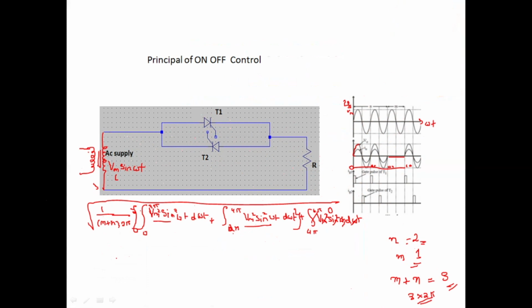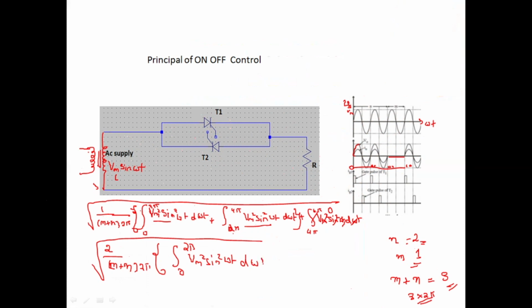So that's the reason I can rewrite it like this. I will show you why it is giving the same. So here it is 2, so actually 2 divided by (m plus n) 2 pi, root of the integral from 0 to 2 pi of Vm squared sin squared omega t d omega t, I can write.